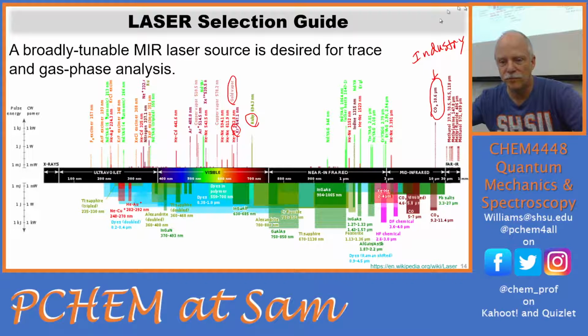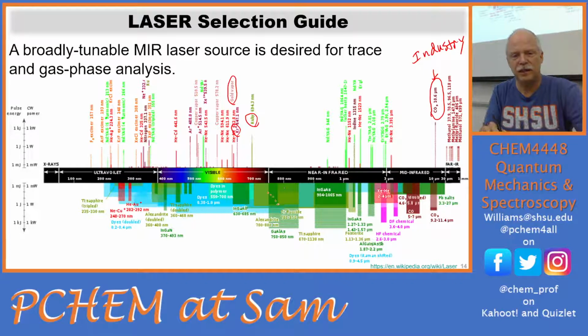Now down below, notice these are broad ranges, and these are dye lasers or tunable lasers. So that is pretty cool. So in this area we can have tunable lasers below here.